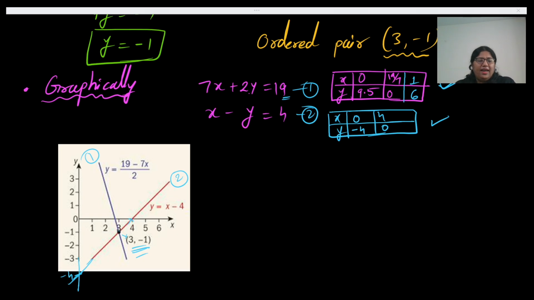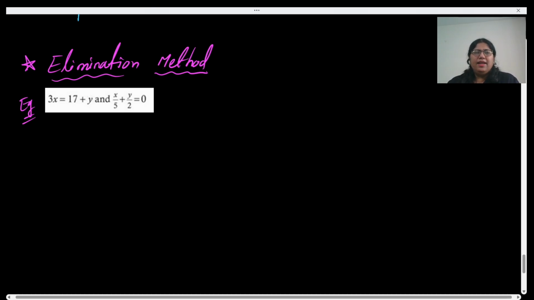Now let us go for the second method, which is the elimination method. This is another example which we will solve using the elimination method. If I'm talking about the elimination method, it means we have to add or subtract the equations such that one of the variables is eliminated. Here, if it is given in this form, first you will rearrange it as 3x minus y, so your variables are on the left hand side and the constant is on the other side. x by 5 plus y by 2 is equal to 0.